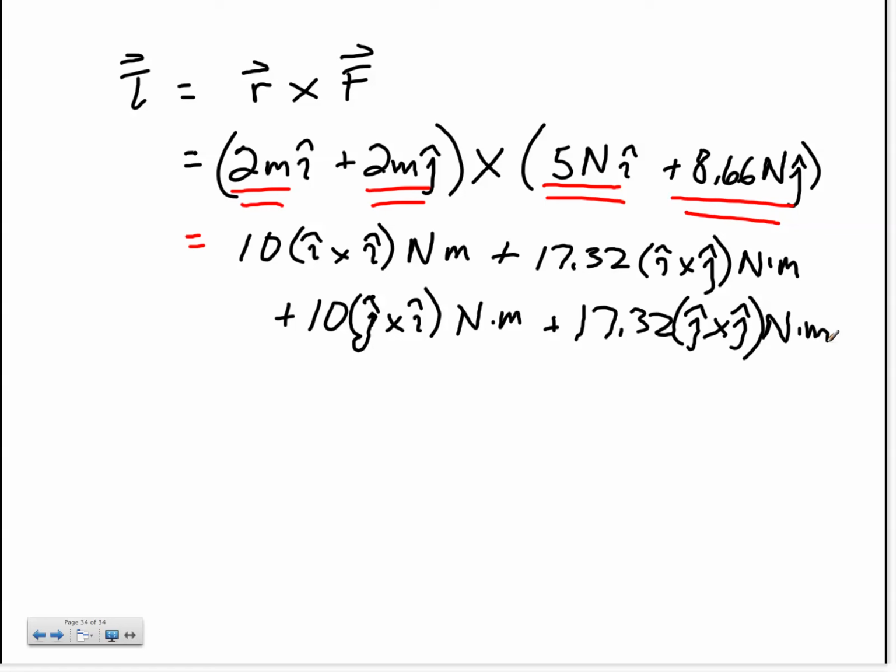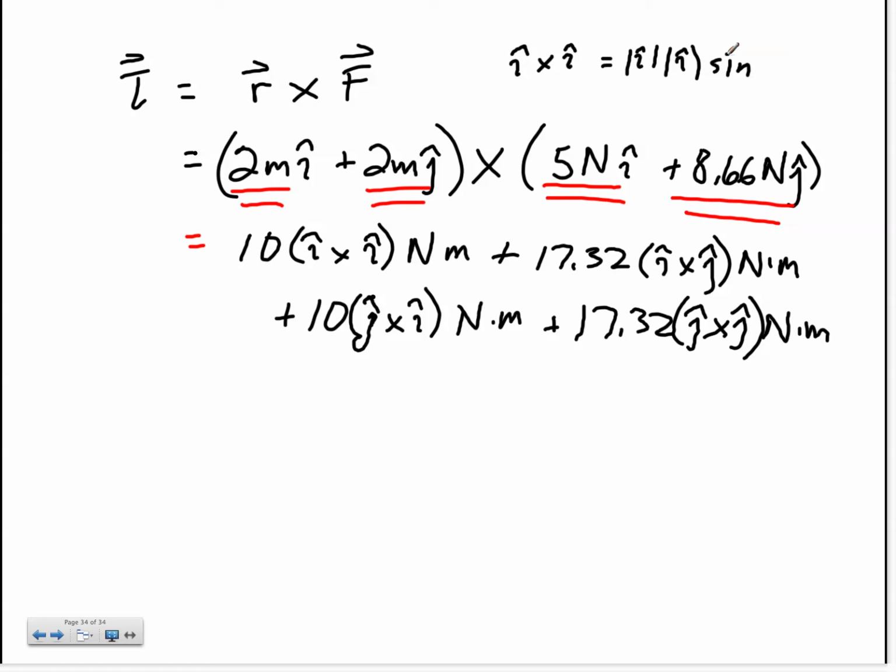Is it I times I if they're the same? It's 1, and then if they're the opposite, it's 0, or it's the other way around? In this particular case, whenever you do I cross with I, that's the same thing as saying the magnitude of I times the magnitude of I, sine of the angle between them.